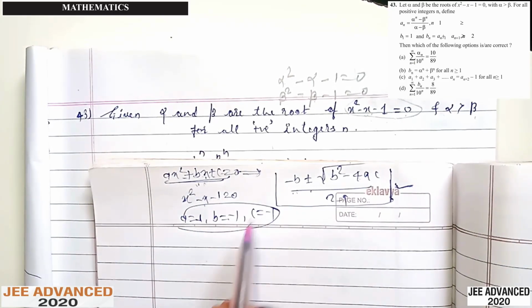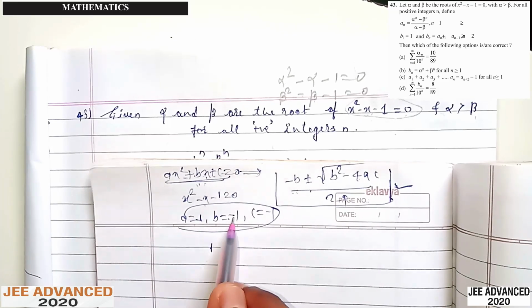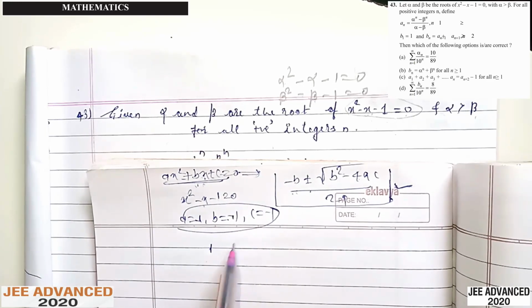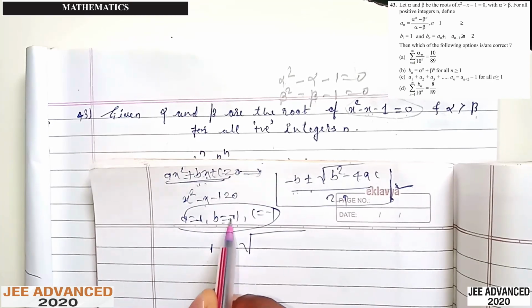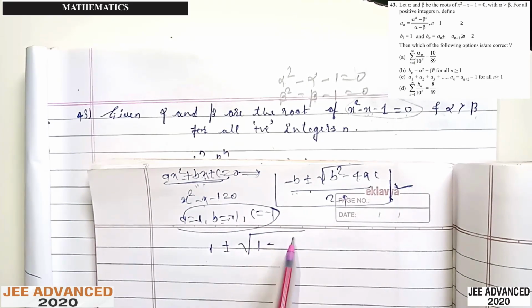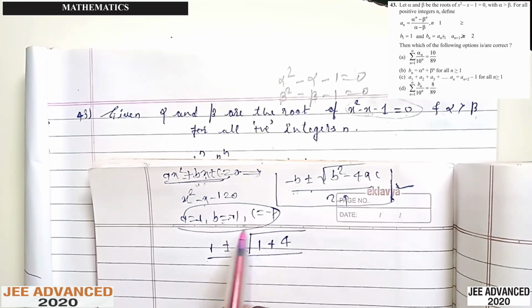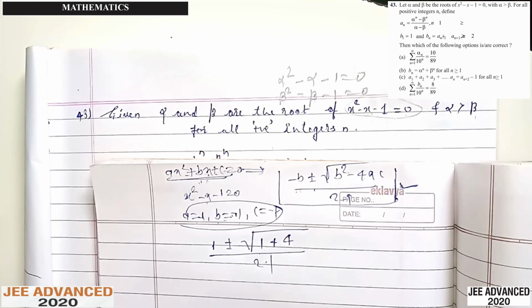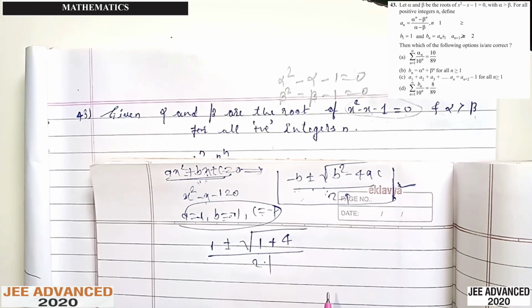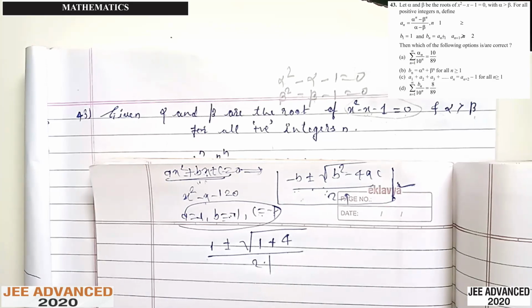Minus b means minus of minus 1, so the negative becomes positive, plus or minus the square root of b squared, negative 1 squared is 1, minus 4 times a times c, where c is negative 1 so it becomes positive, upon 2 times a, so 2 times 1. These are just the substitution of values into our quadratic equation. What we are doing here is finding the roots of our quadratic equation, because we have to extract what is given in our question.